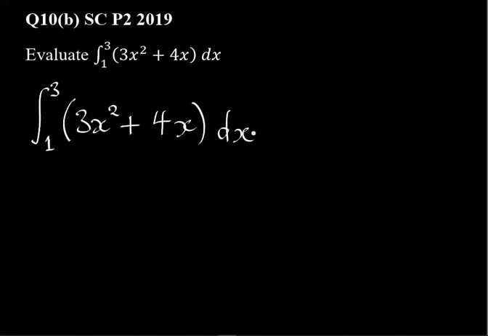So how do we read this? You start with the function, so you say evaluate the integral of 3x squared plus 4x from 1 to 3 with respect to x. The integral of the function from 1 to 3 with respect to x. That's how you read it.